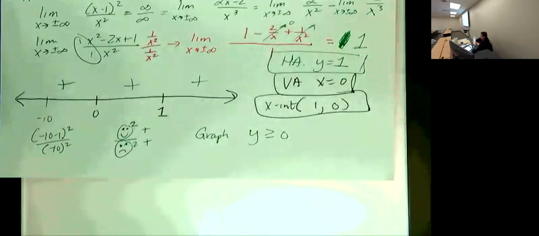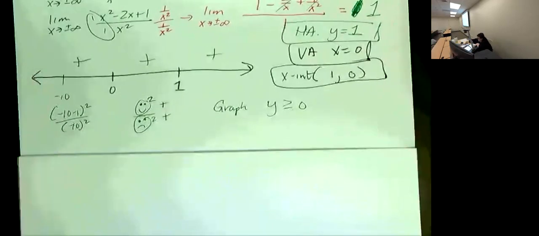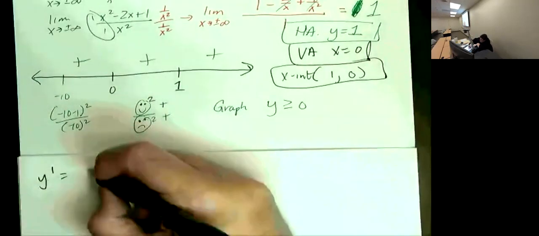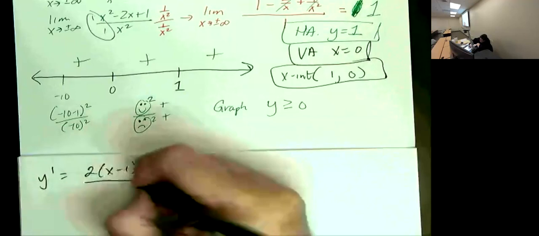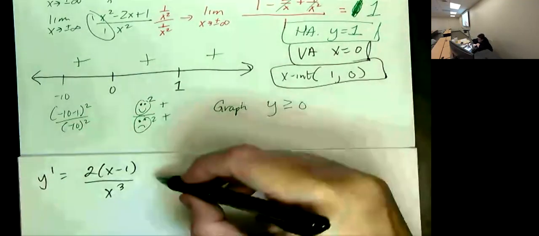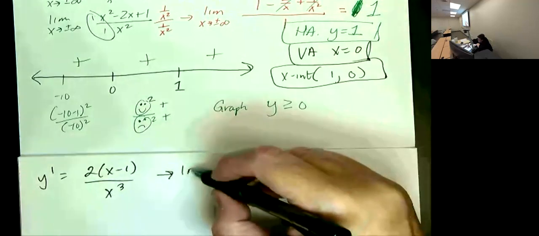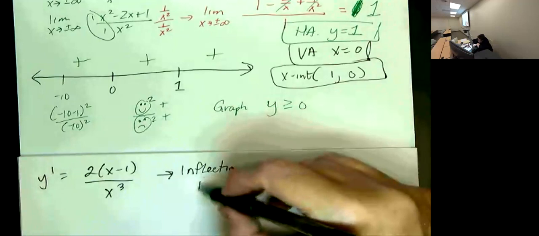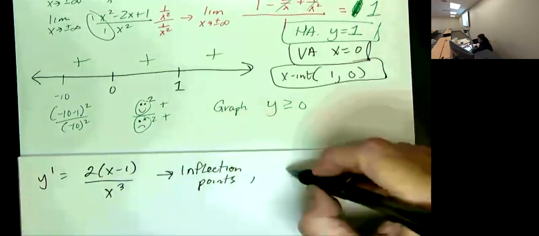All right. What do the other derivatives give us? So we have y prime equals 2 times, I'll factor it here. From this one, we can get our inflection points and regions of increase and decrease.